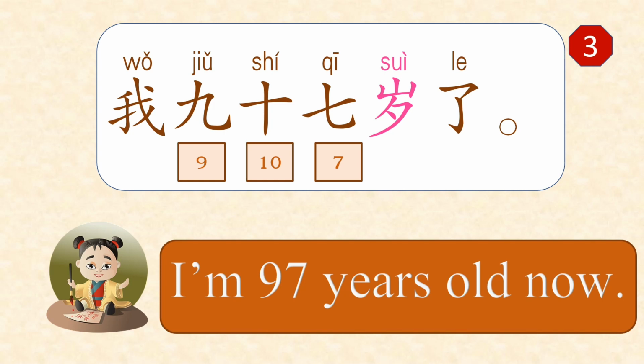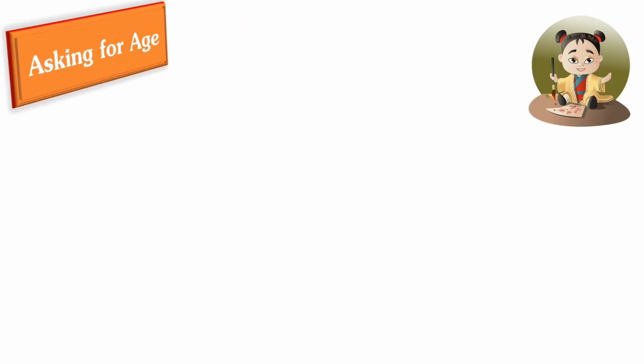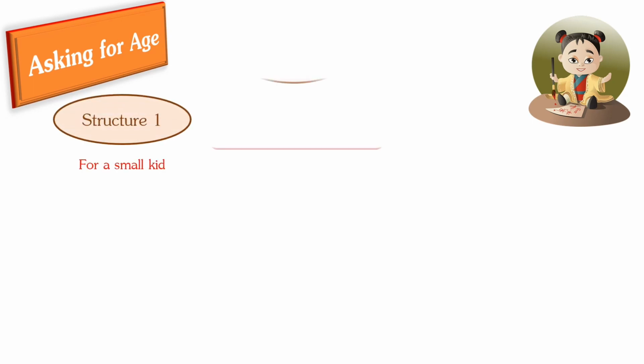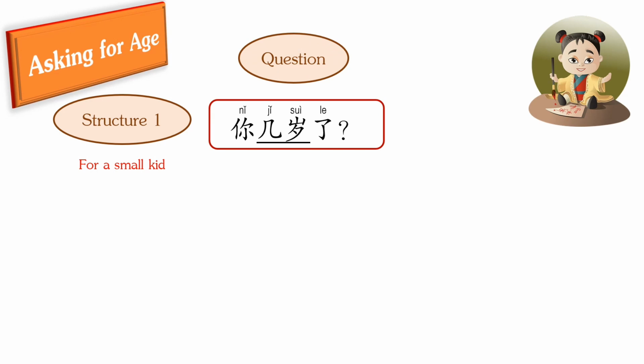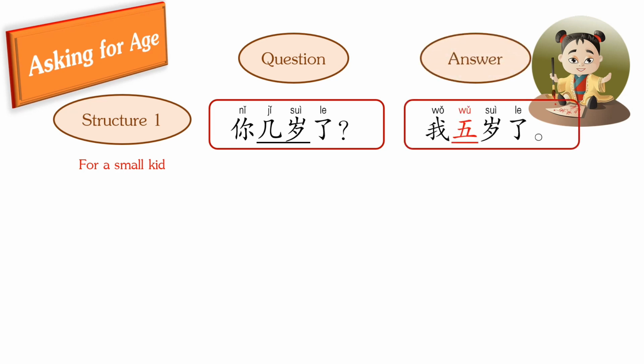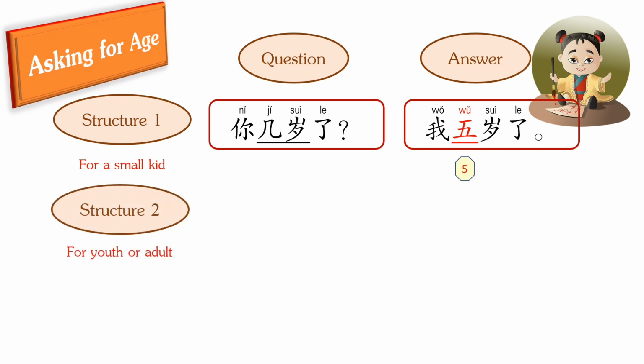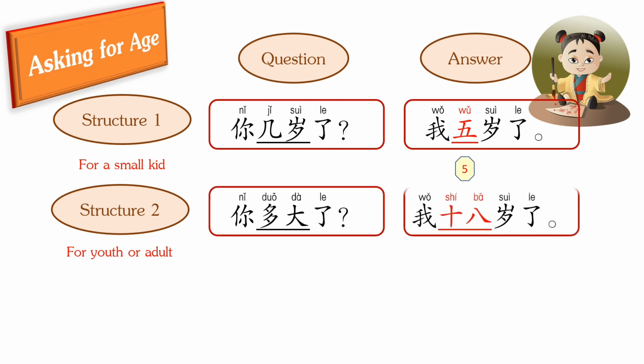Now let me give you the summary of all those questions asking for age. Structure number 1 is used to ask for the age of a small kid. 你几岁了? And the answer, 我5岁了. Structure 2 is for youth or adults. 你多大了? 我18岁了.